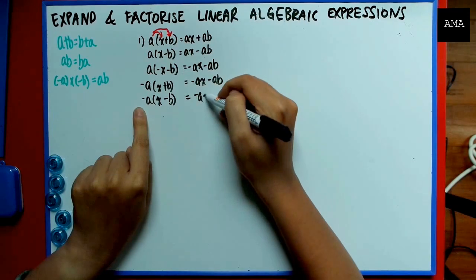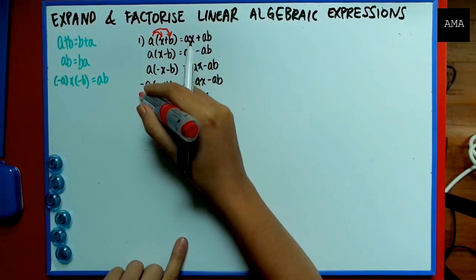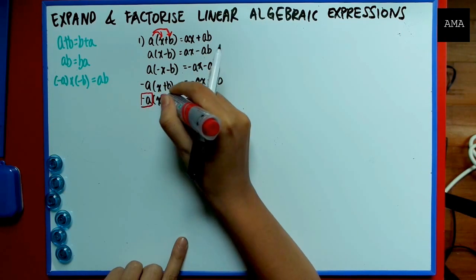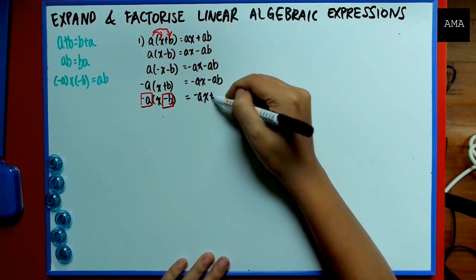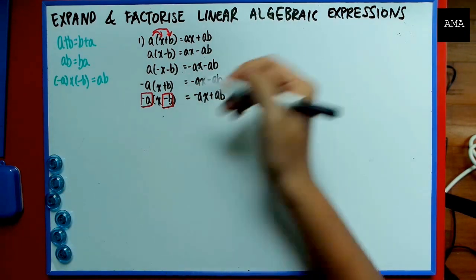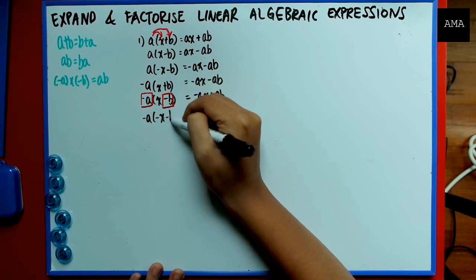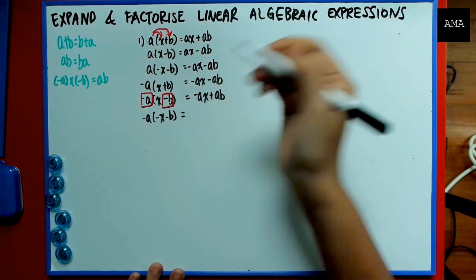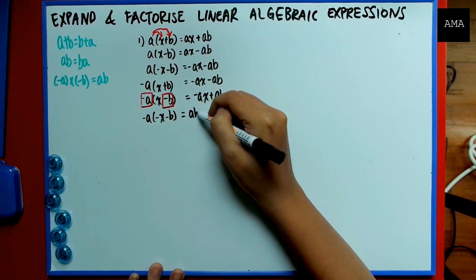Now here's the interesting thing. This is where this property comes into play. I have minus a times minus b. I will get positive ab, okay? So be careful, because this is where most students mess up, if they ever mess up in simplifying algebraic expressions. Positive ax, okay?